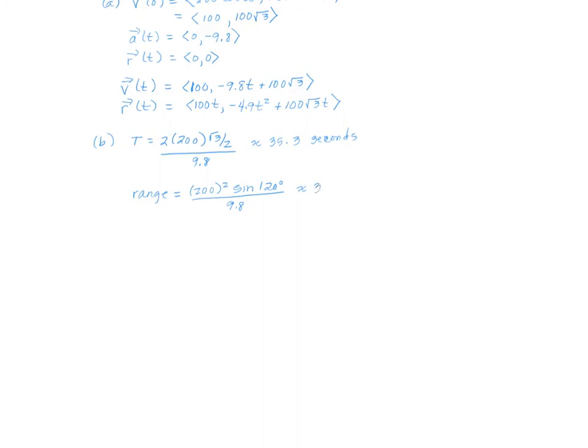We'll go 1 decimal place. You notice I rarely use significant figures. So 3534.8, double check me on that, meters. That's that horizontal distance that it's traveled.